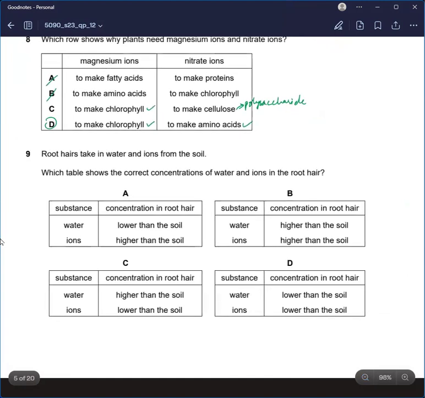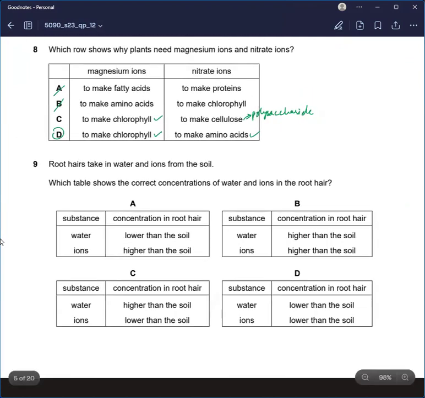Alright, question number 9. Root hairs take in water and ions from the soil. Which table shows the correct concentration of water and ions in the root hair? Okay, part A. Water concentration in the root hair is lower than the soil, and ions is higher. Yes, this is correct.